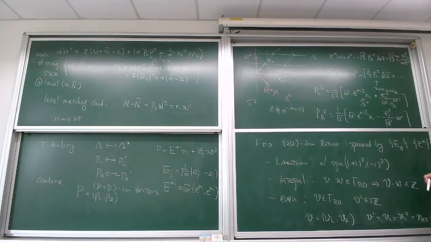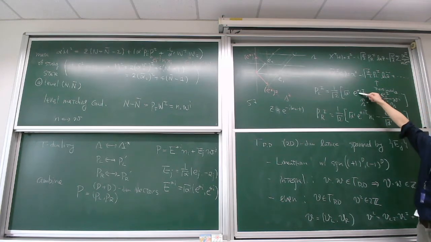BL is just specified by N and W. If you take the inner product square, the minus sign, so the cross terms cancel each other, and only this square and this square add together. Once you do that, it becomes even.